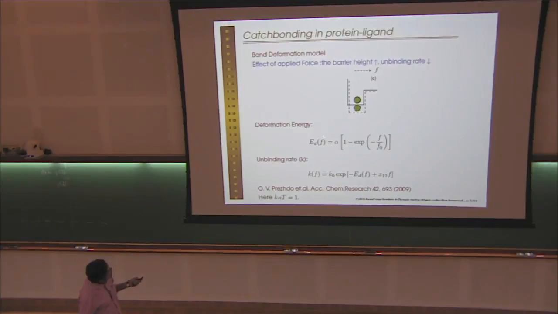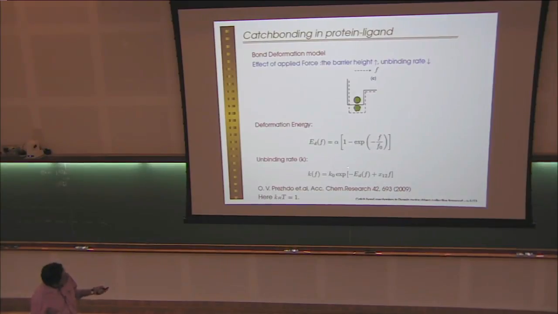What it says is that you apply a force, so there is a deformation energy which can be expressed in this form. If you look at the unbinding rate, then it has two kinds of terms. This is the usual slip term, which tells us that in the absence of any deformation energy, it would have behaved in a normal manner, in the sense that you apply a force and the unbinding rate exponentially increases with force.